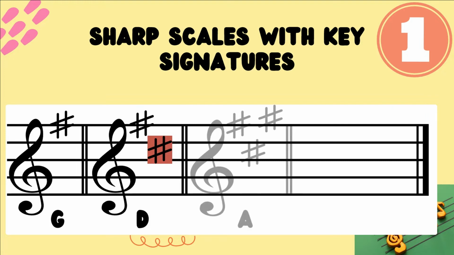And then if it's 3 sharps, it's going to be placed in this order. The first one will be on F, the second is on C, then the third is on G. That is the position of that sharp.